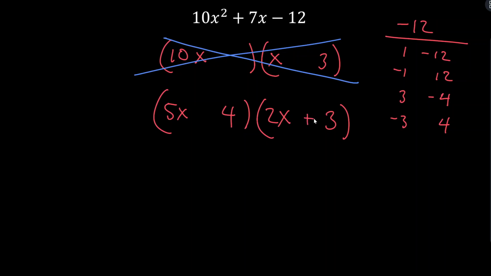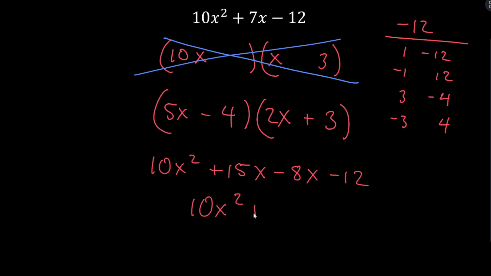We want plus 15x minus 8x because that's going to give us plus 7x. So we can distribute this out. 10x squared plus 15x minus 8x minus 12. That equals 10x squared plus 7x minus 12. And this does, in fact, work.